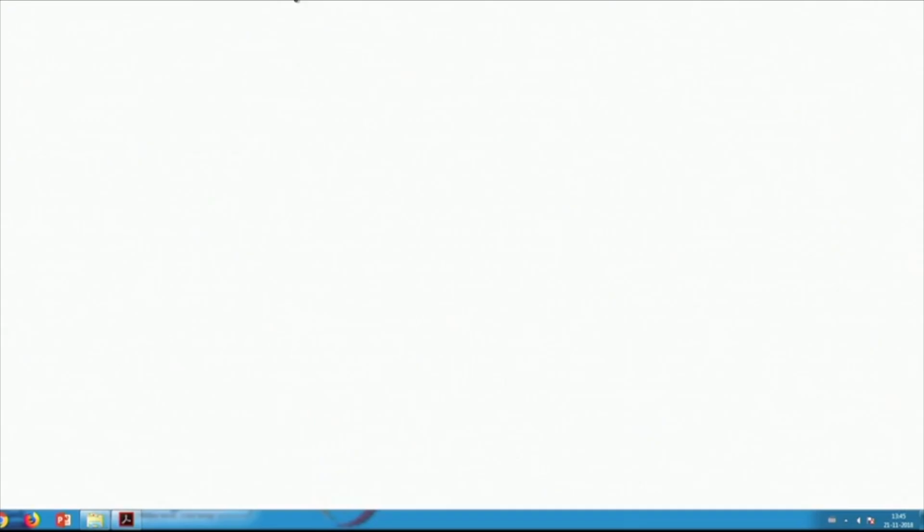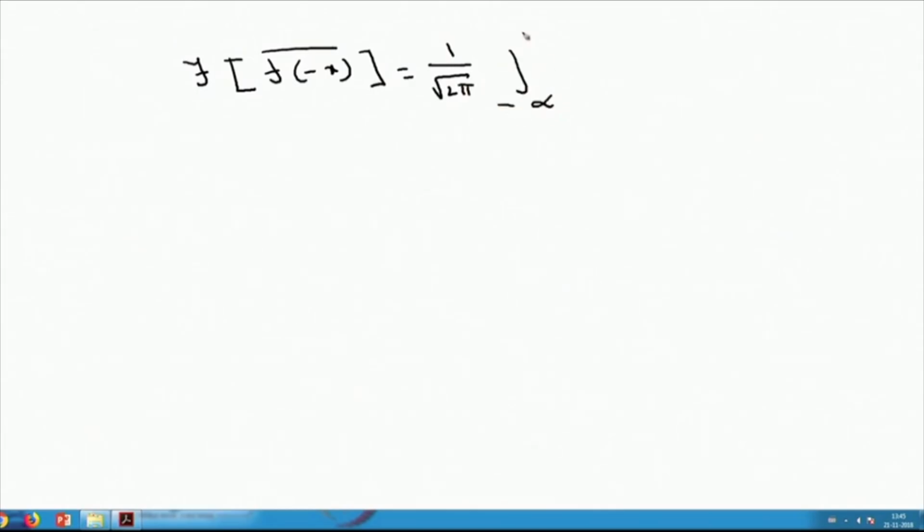Similarly, for the second one, Fourier transform of f of minus x bar, you can write down 1 by root 2 pi, integral from minus infinity to infinity. I am skipping the earlier lines and making it in terms of y directly, e power minus i alpha y into dy. I have skipped the earlier lines because just before this slide we have shown that part.